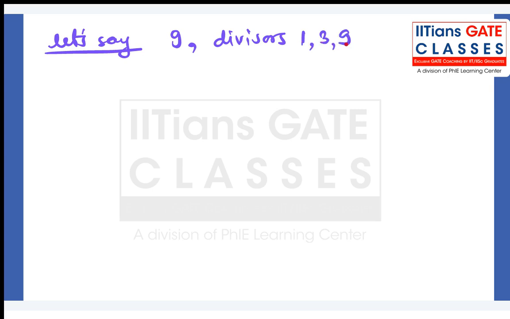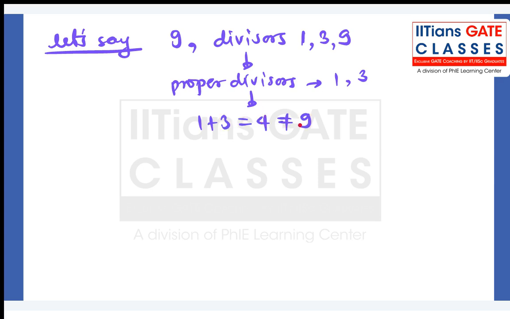Okay. Then there are proper divisors. These are the total divisors. Proper divisors means you exclude the number itself. So the proper divisors will be only 1 and 3. Okay. And perfect number means if you add these proper divisors, 1 plus 3, it comes out to be 4, but that is not equal to 9. So therefore, 9 is not a perfect number, by this definition.